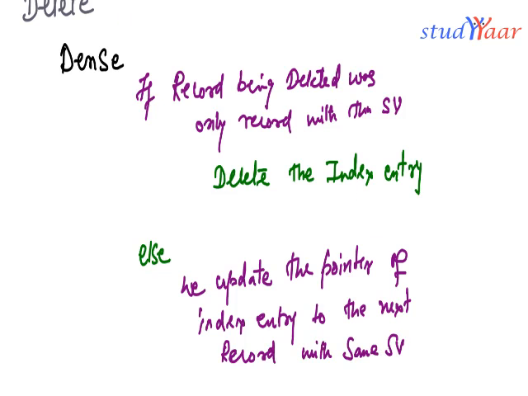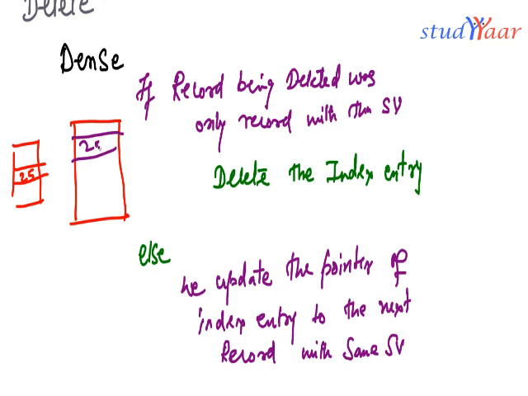Let's realize what is happening here. Let's suppose this is my index and this is my file. I have 25 here, and in my file I have a 25 over here and a 25 over here. This index entry is pointing to this one.